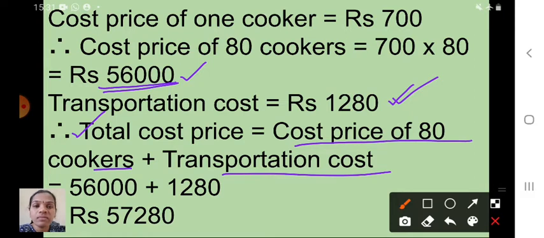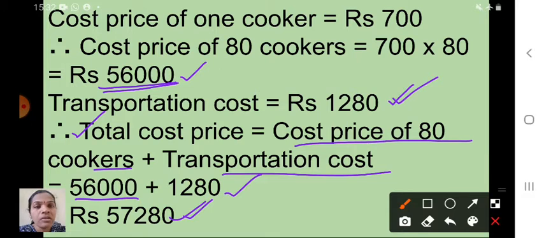That means 56,000 plus 1,280 rupees. Okay, if you add these two, you will get an answer 57,280 rupees. This is the total cost price of those 80 cookers. Understood now, children?